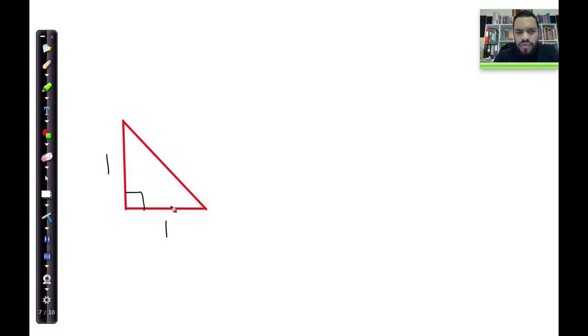Now remember, what do I call a triangle in which two sides are equivalent? Right? I call it an isosceles triangle. This is an isosceles triangle. So this is 45 degrees and this is 45 degrees. Let's just get that a little bit clear. Right?